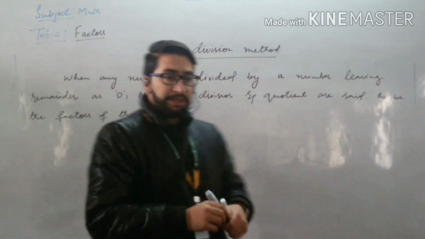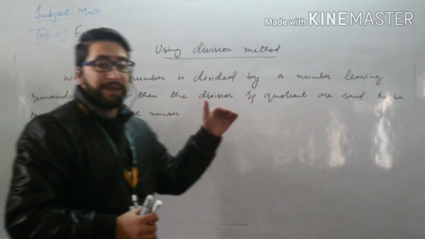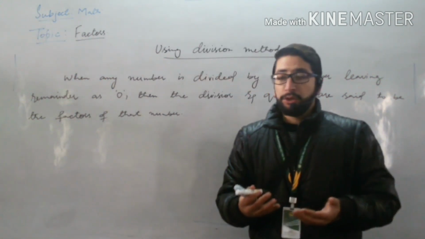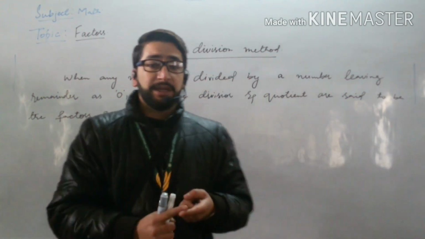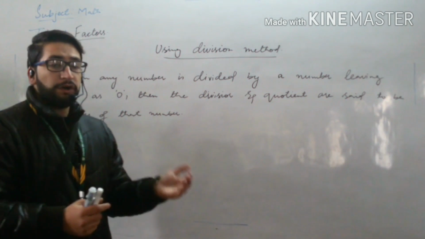So using division method, when any number is divided by another number and the remainder is 0, that divisor with quotient as well are said to be the factors of that number.